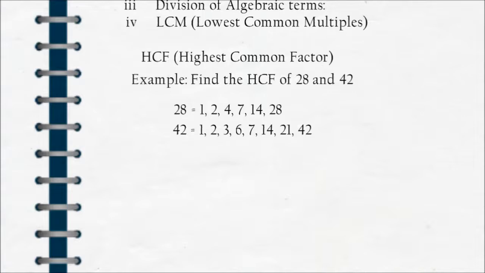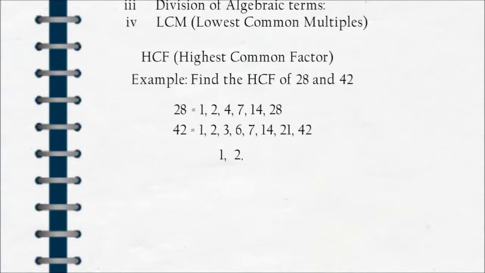Alright, so having listed out all the factors of 28 and 42, what are the numbers that these factors have in common? Now, we discovered that in 28 we have 1, also in 42 we have 1. In 28 we have 2, also in 42 we have 2.